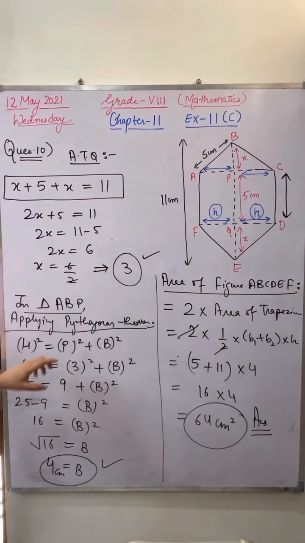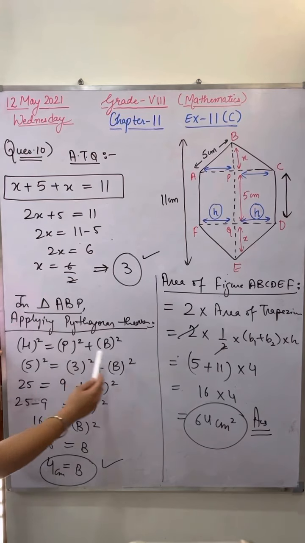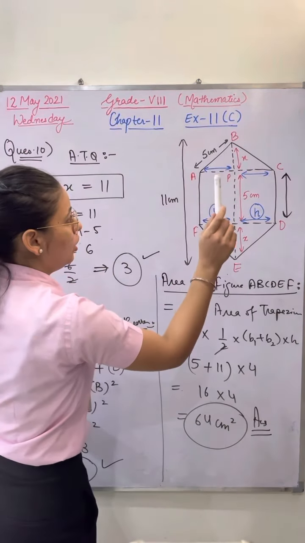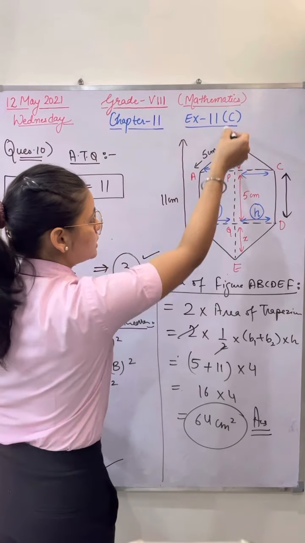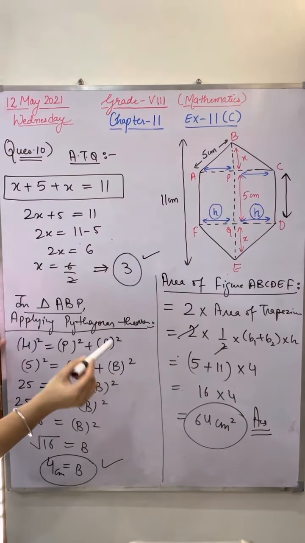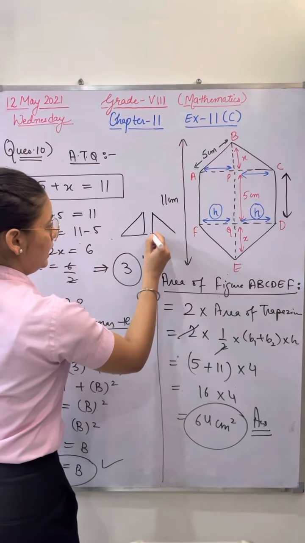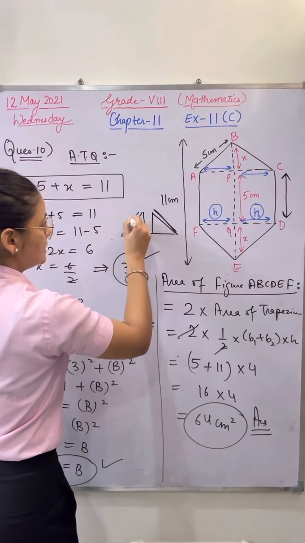Up to here, the Pythagoras theorem should be very clear to you. That is, hypotenuse squared is equal to perpendicular squared plus base squared. Sometimes students make mistakes in this step. They don't know what the hypotenuse is. They take this as hypotenuse, this as base. If this is a triangle, the hypotenuse is this.